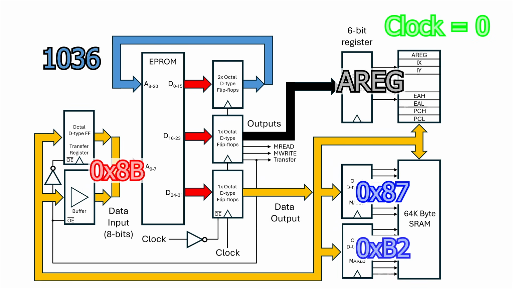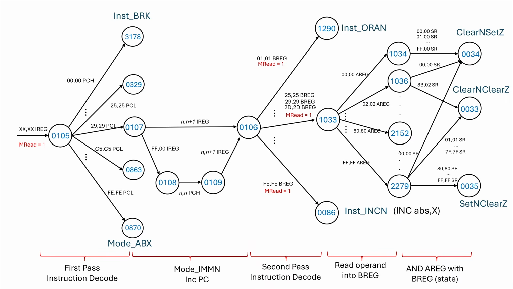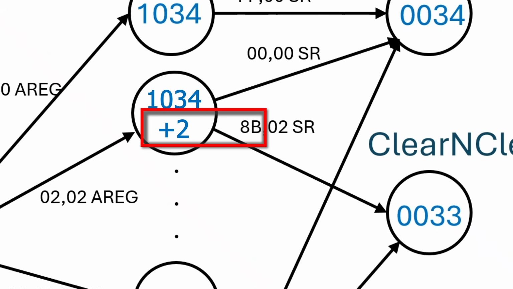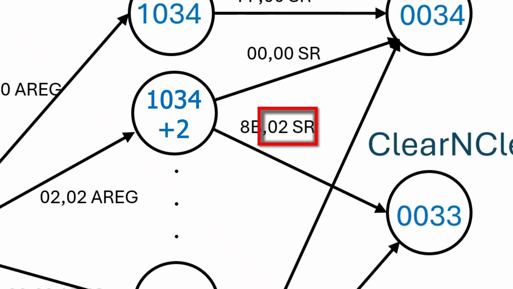Now, this is the moment where the actual AND takes place. We're in state 1034 plus operand, and the input symbol is the accumulator. This gives us a unique operand accumulator pair. We know that 02 ANDed with 8B gives us 02, and that's what we see as the output symbol on this arc.